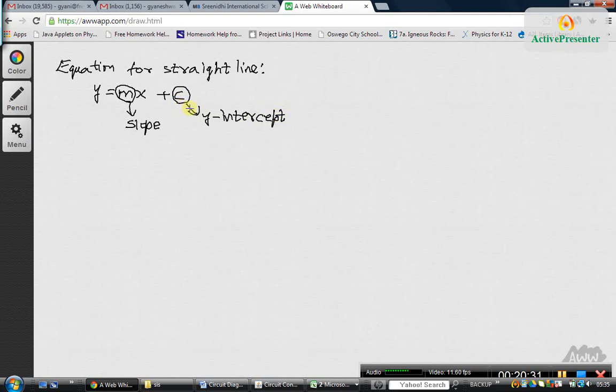So y-intercept means the point where you expect the straight line graph to cut the y-axis, and m tells you how much it is inclined.